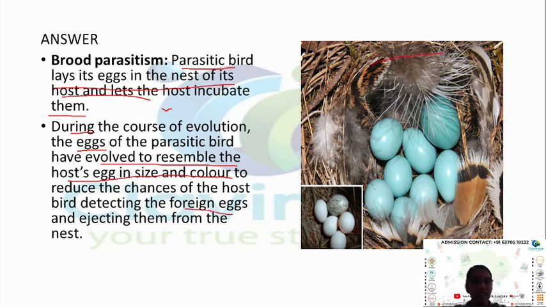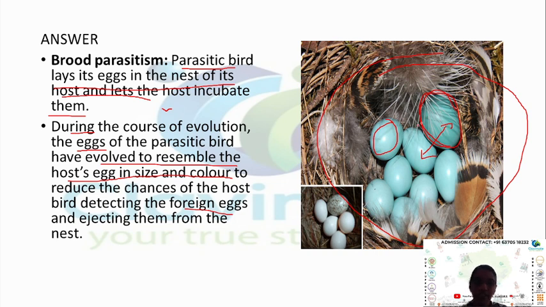You see here the nest of the host bird. These are the eggs of the host and this is the egg of the parasitic bird. It is similar in size and in color, but it is a bit larger.